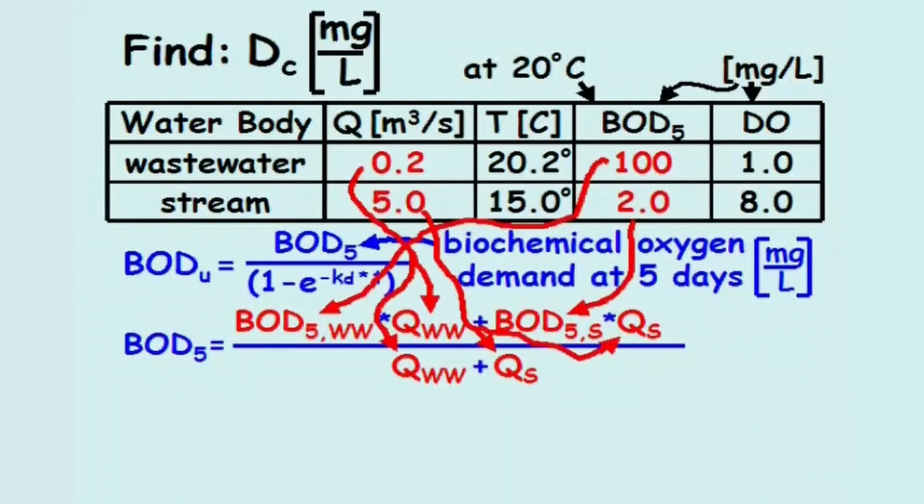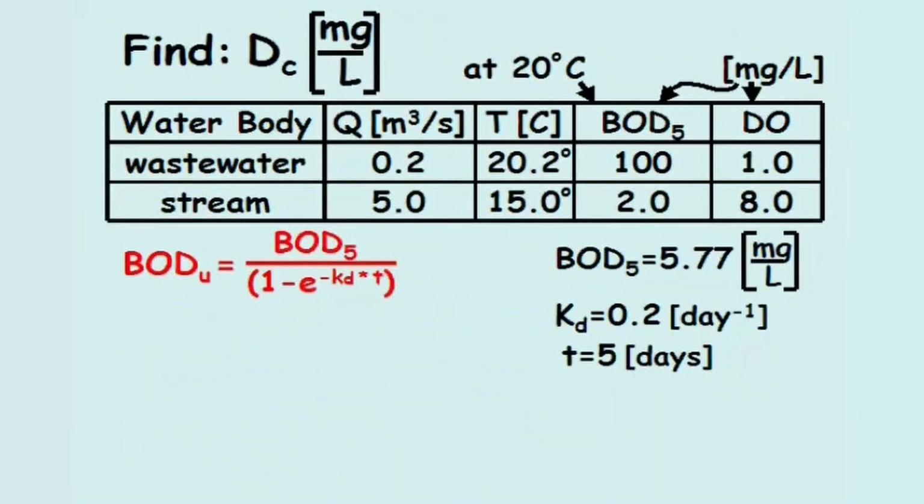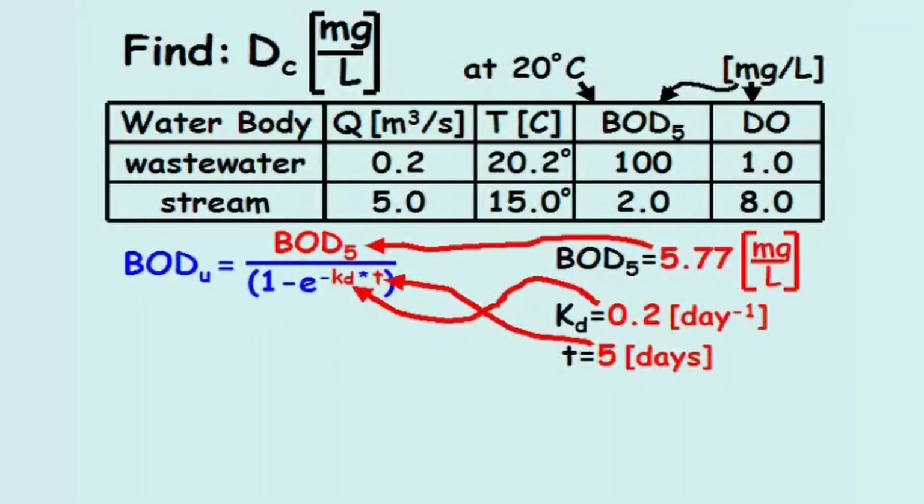The known values are plugged into the equation, and the 5-day BOD of the two water bodies equals 5.77 milligrams per liter. Returning to our equation for the ultimate BOD, the known variables are plugged in, and the ultimate BOD equals 9.13 milligrams per liter.